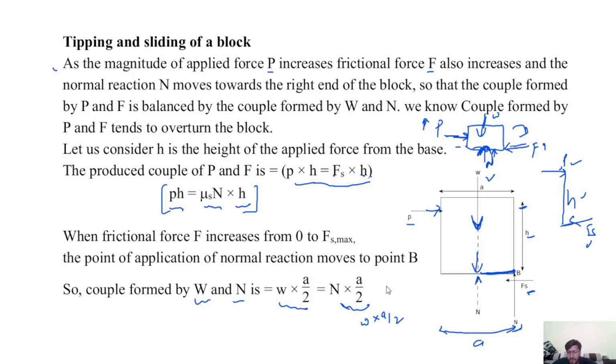So the couple formed by W and N is equal to W into a by 2 or N into a by 2. These are anticlockwise couples.